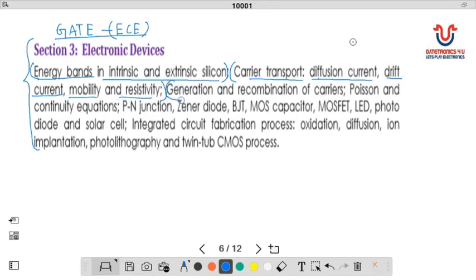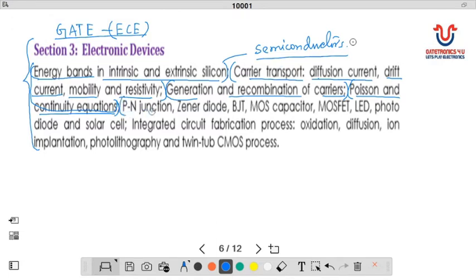The next parts are generation and recombination of carriers, and Poisson's equation and continuity equations. This whole part comes under the semiconductor chapter, the basics of semiconductors. We will cover all this, and we will see the previous year questions also gradually.